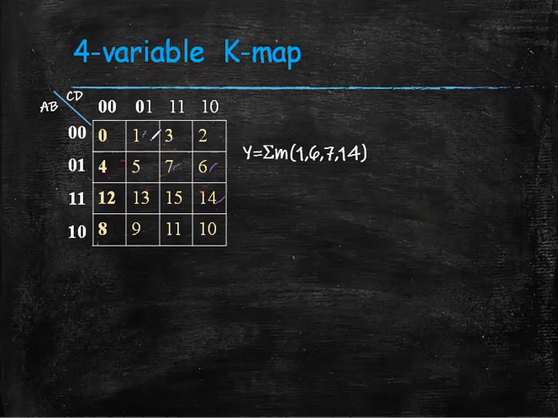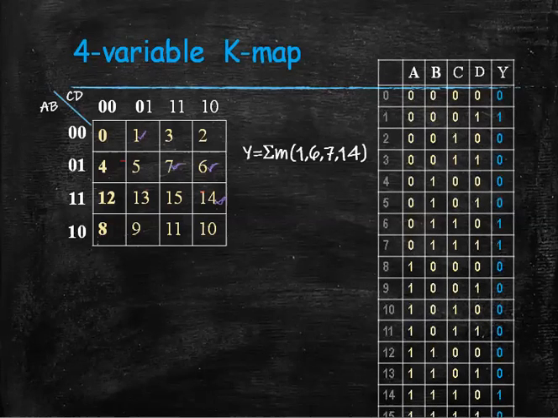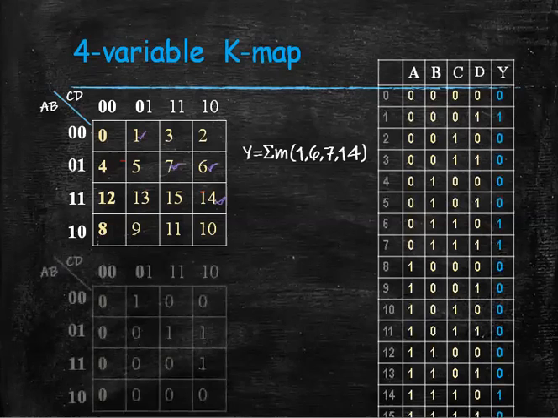And here in these 4 positions, we mark a 1 and the remaining must be equal to 0. Okay. Then we can draw it in this way.